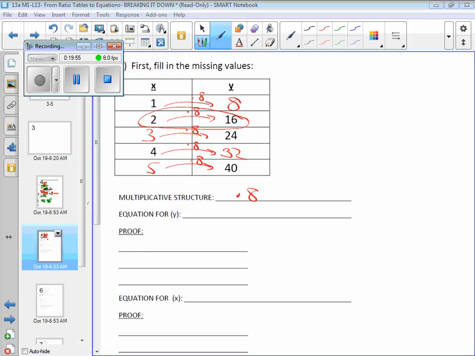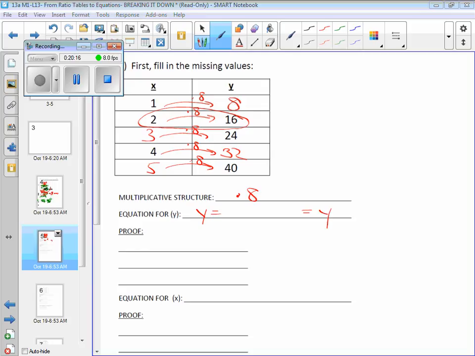Soph, the equation? Okay, so who has an equation for y? I just want to see who has it, and I'll call on somebody. All right, so if it's an equation for y, it's got to be y equals something, or something equaling y.